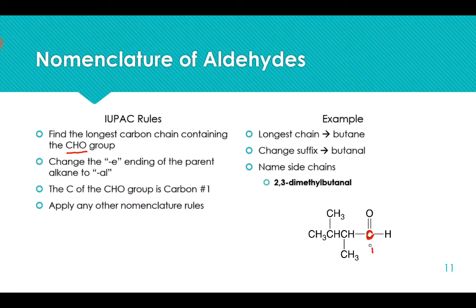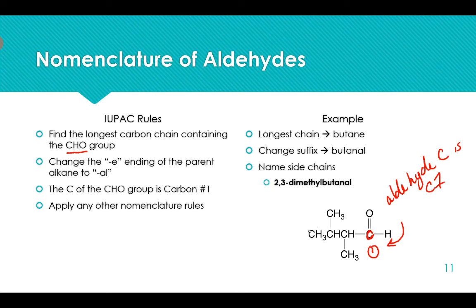This carbon is going to be labeled carbon number 1 because it's going to be at one end. Alright, aldehyde C is C1. Remember the aldehydes are always terminal, so since it has to be in your chain and it's always at the end, it's always going to be carbon number 1.